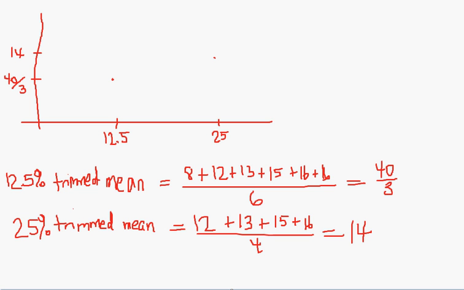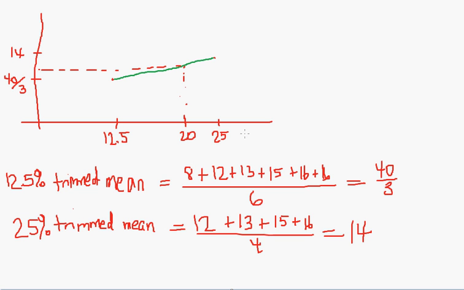The idea is that I'll draw a line between these 2 points, figure out the y-coordinate that corresponds to 20, and that number will be the 20% trim mean.